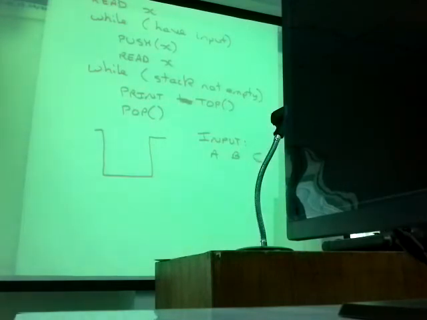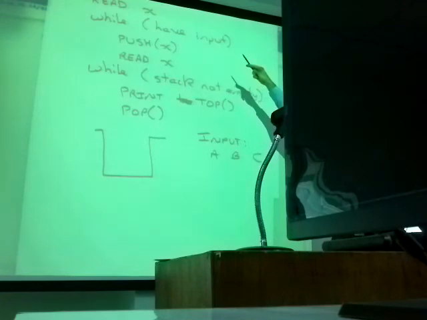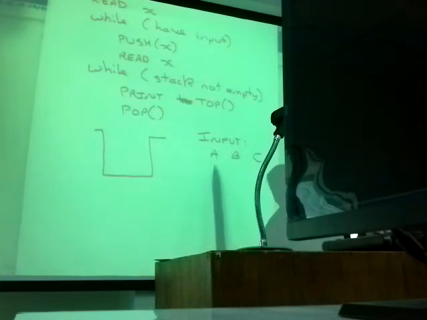You tell me, what does this pseudocode do? Can we try to follow it through? So first, I read a value. So the first value I read is A, just A first, one character.